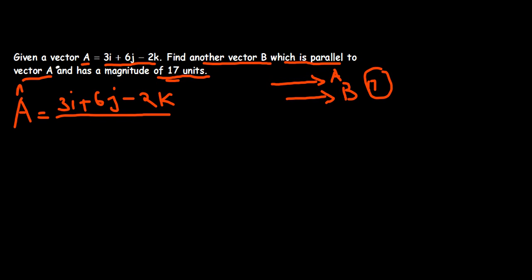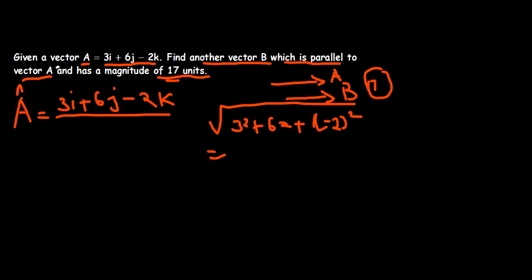The magnitude of A will be the square root of 3 squared plus 6 squared plus negative 2 squared. So what do we have there?